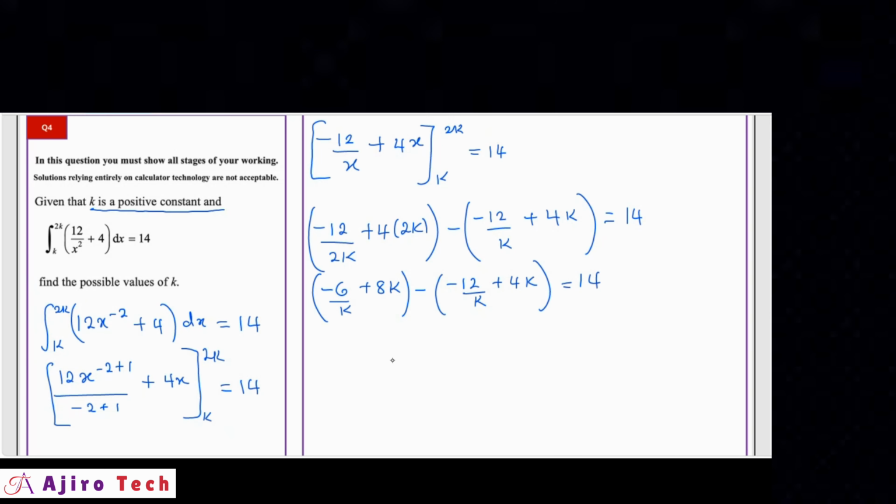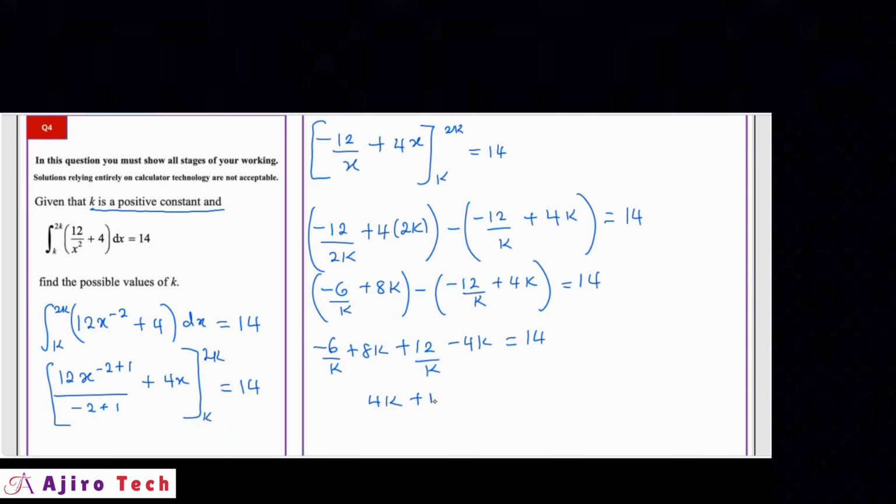So we can decide to remove the bracket. We have minus 6 over k plus 8k, removing the parentheses. This will become plus 12 over k, then minus 4k equals 14. So let's deal with this. 8k minus 4k is 4k.